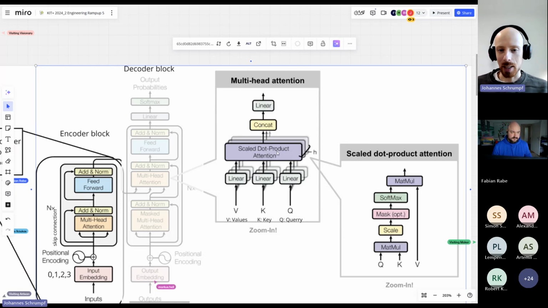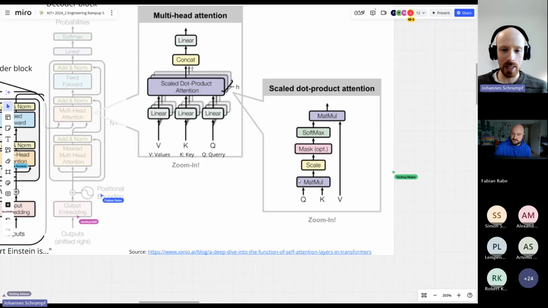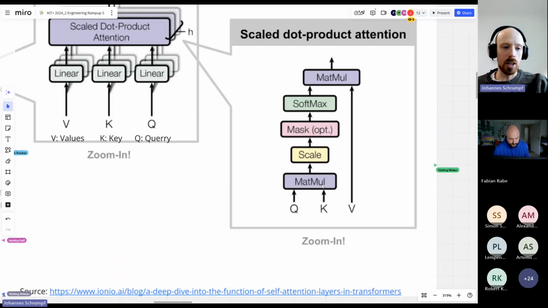So lastly, the question is, what is the scaled dot product attention? This boils down to a very basic mathematical operation, which is here in this last block on the right side, this matrix multiplication. This matrix multiplication is just the computation of the dot product of two vectors.